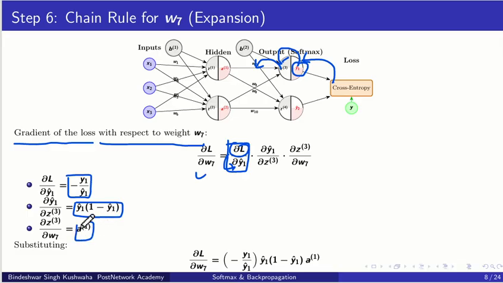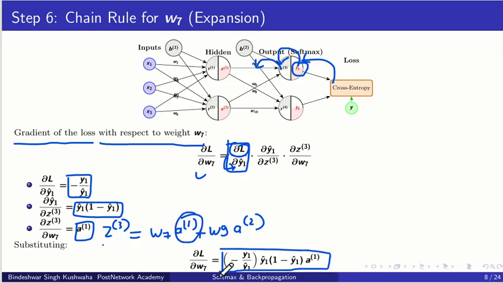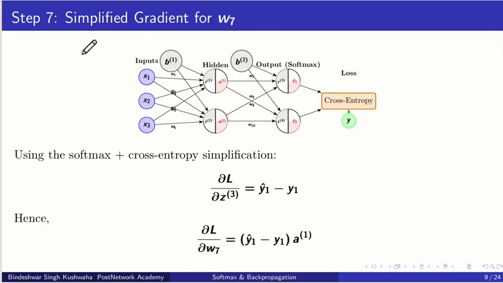And here, because Z3 is W7 A1 plus W9 A2, if you differentiate with respect to W7, you will get this quantity. If you plug these in, finally you will get this one, and thereafter you will get this value.